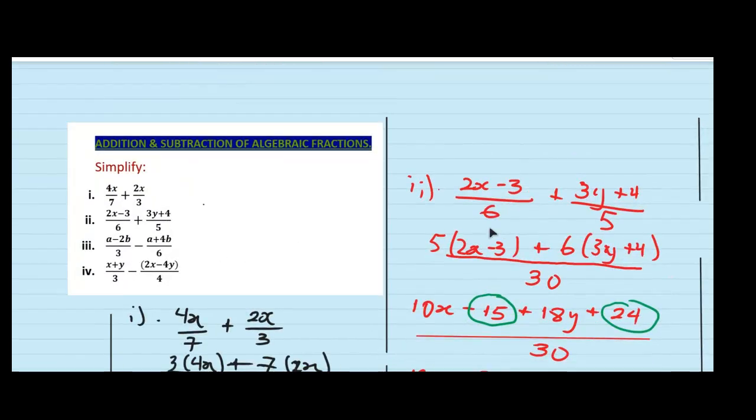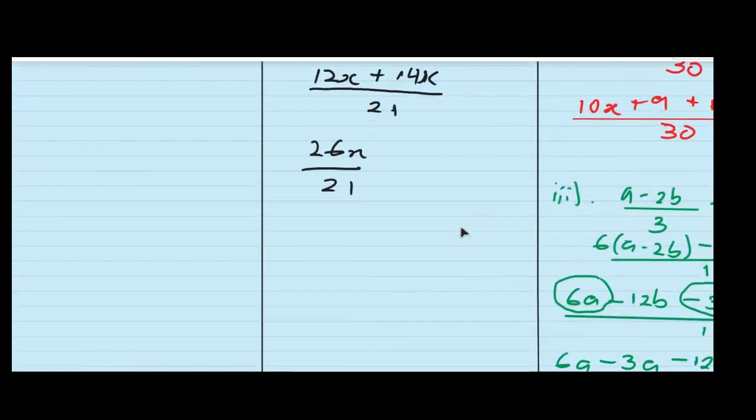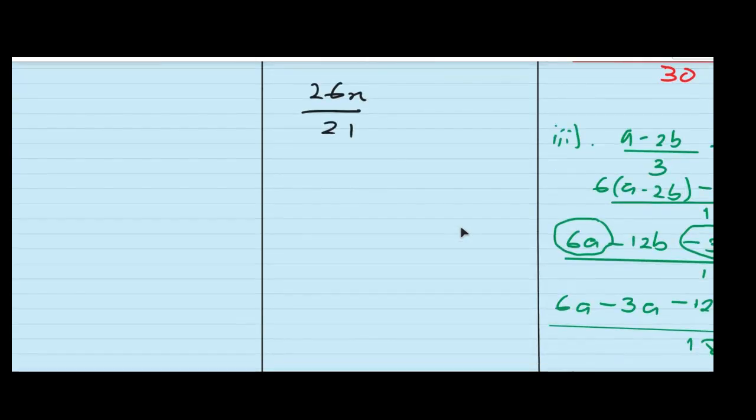So the last question, that is IV. Let's get it here and see how we can simplify the IV. Okay. Let me use the red ink for this one. So IV, that's the last question.